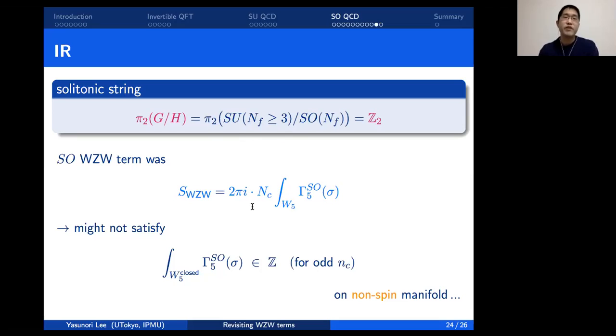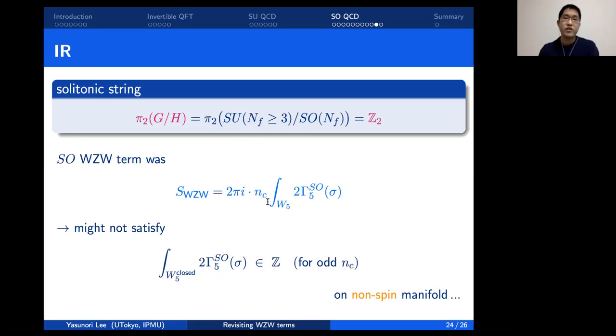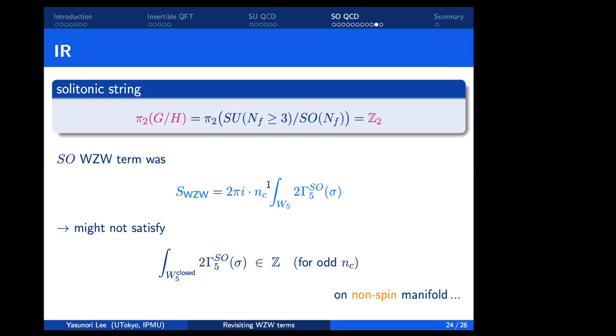On a generic 5-manifold, the gamma 5 might integrate to 1/4 in the worst case. Since we took the number of colors to be even, one can save the factor 2. And for even N_c, one can save another factor of 2 and the problem is solved, since 1/4 times 2 times 2 equals 1. But for odd N_c, this still does not guarantee the integrality.